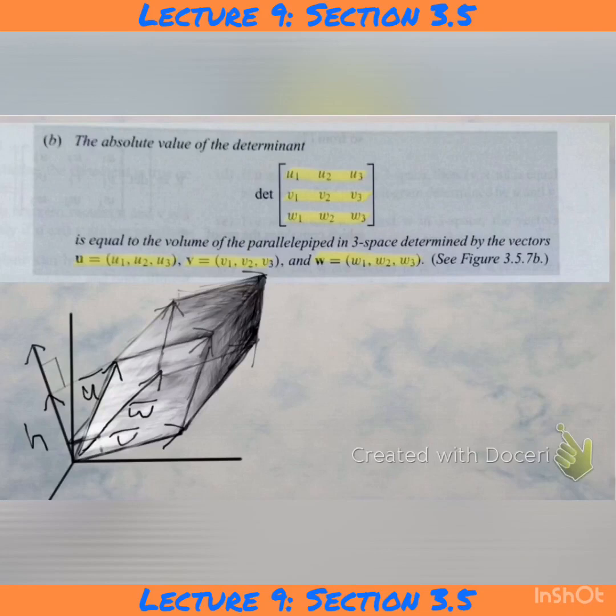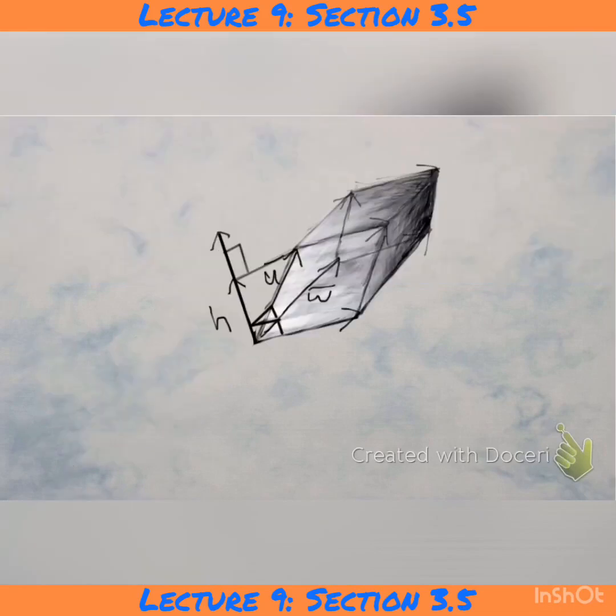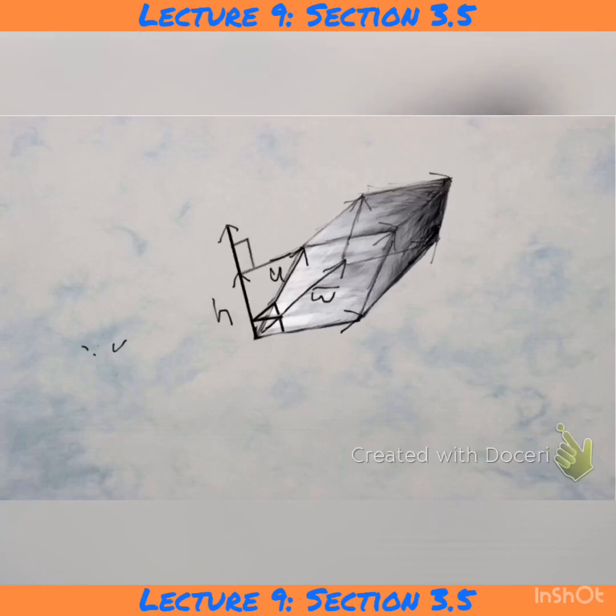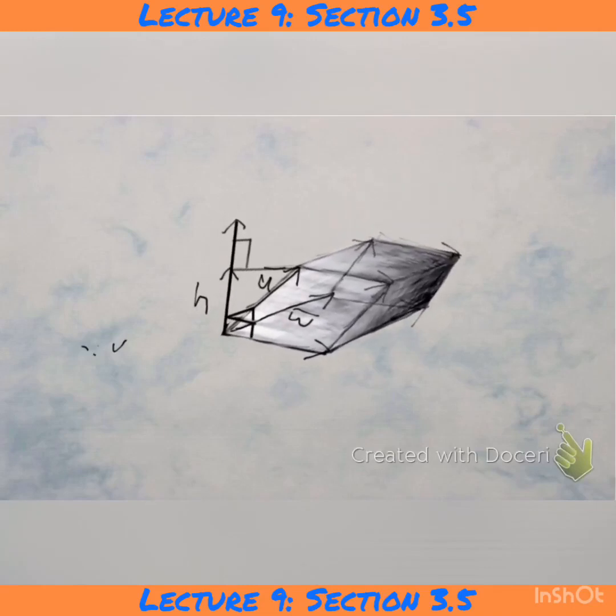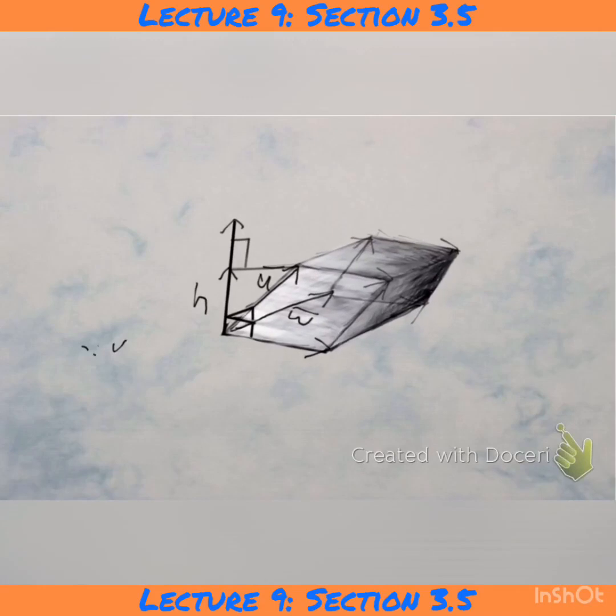We want to find the volume of this object, so we take it, rotate it, and place it flat on the floor.